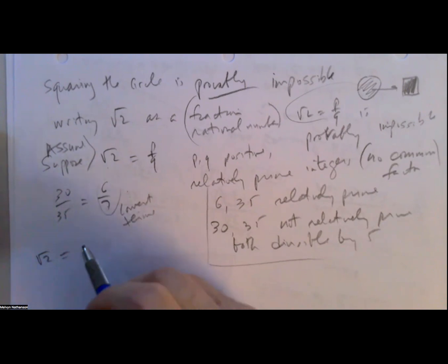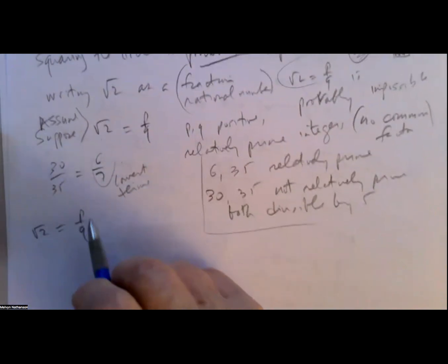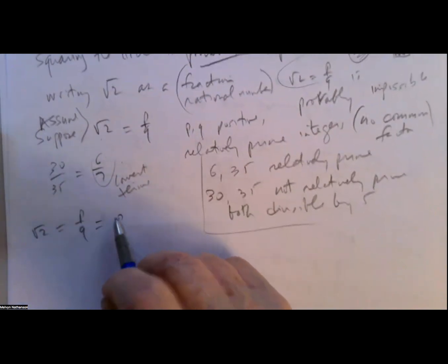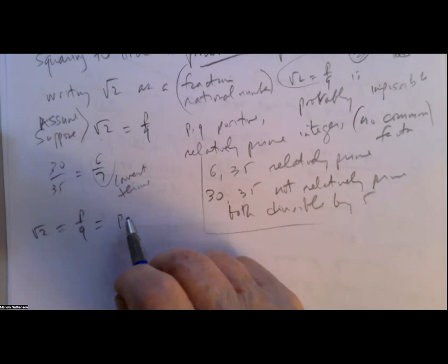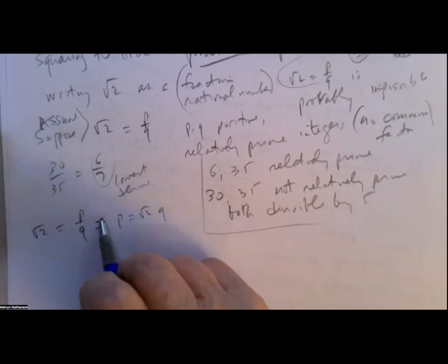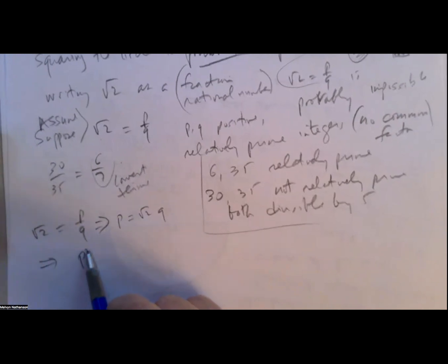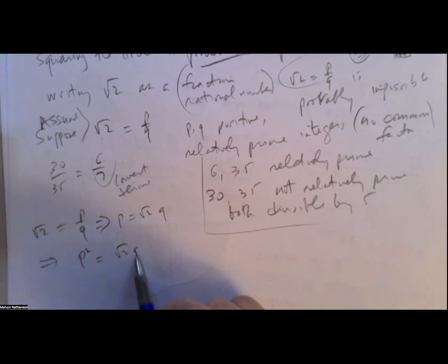So if the square root of 2 is P over Q, if you divide by Q, we get P is the square root of 2 times Q. So if you square both sides, P squared is the square root of 2 squared times Q squared. You square the square root of 2, you get 2Q squared.